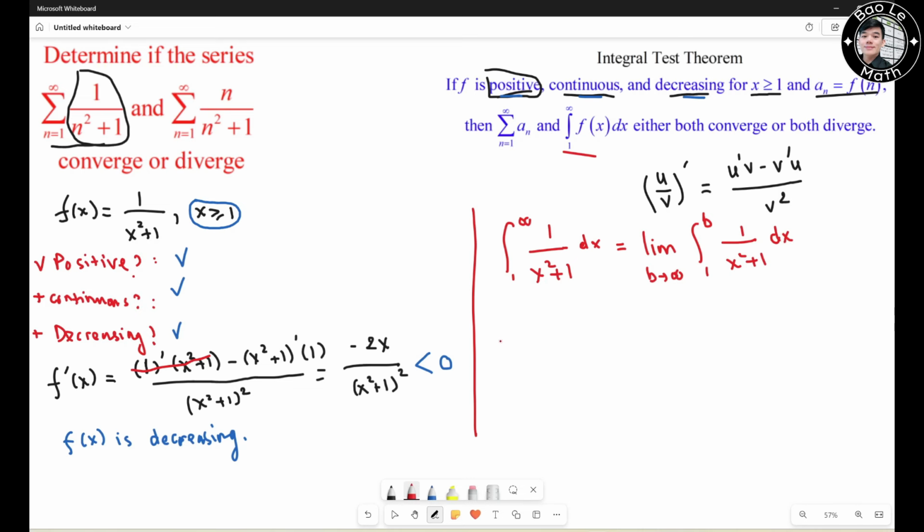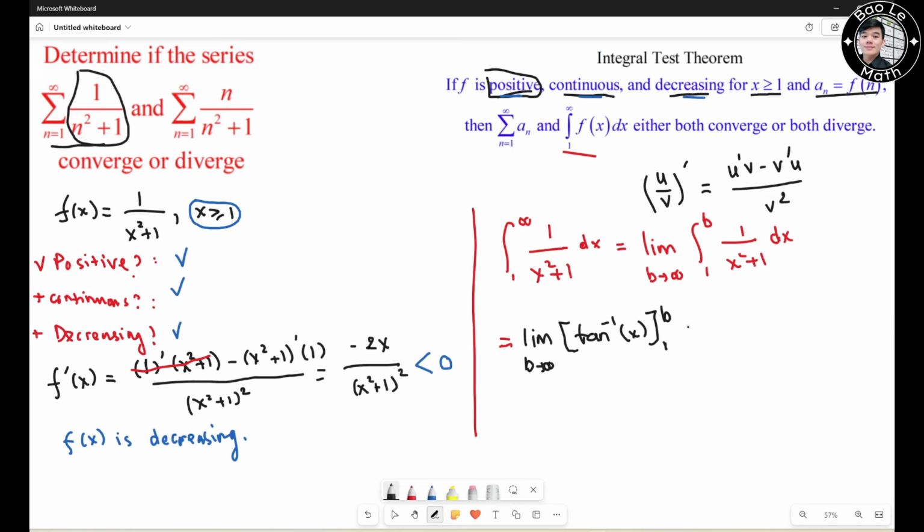The antiderivative of this one is tangent inverse of s, evaluated from 1 to b.